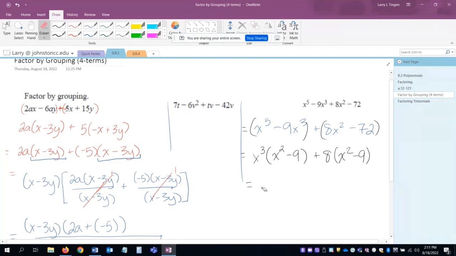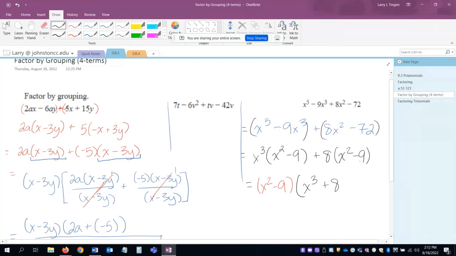My next step is going to be to pull out that piece they have in common. They both have an x squared minus 9 in them, right? So when I factor out x squared minus 9 from these two terms, I'm going to be left with x cubed for the first. This was factored away, so this went to a 1. X cubed times 1 is x cubed. The plus still exists.